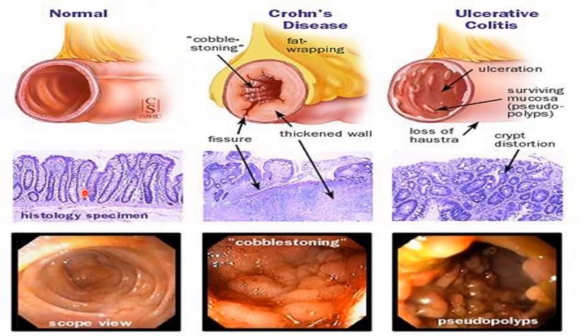Compare it with the normal. In both of them, there is a structural destruction of the normal histology. In ulcerative colitis, there is a marked distortion of the crypts. Okay, and in the endoscopic appearance of ulcerative colitis, you see pseudopolyps. As we said, it is due to the surviving mucosa.